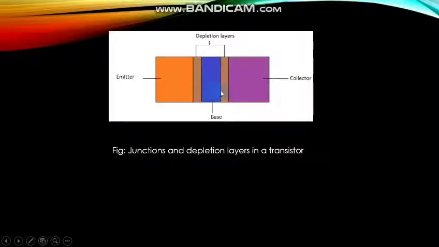So there are fewer recombinations than it used to be when these depletion layers get widened. That is why the recombination current will decrease as well. That means the recombination current, or the base current, you can call it either, will get reduced as well.